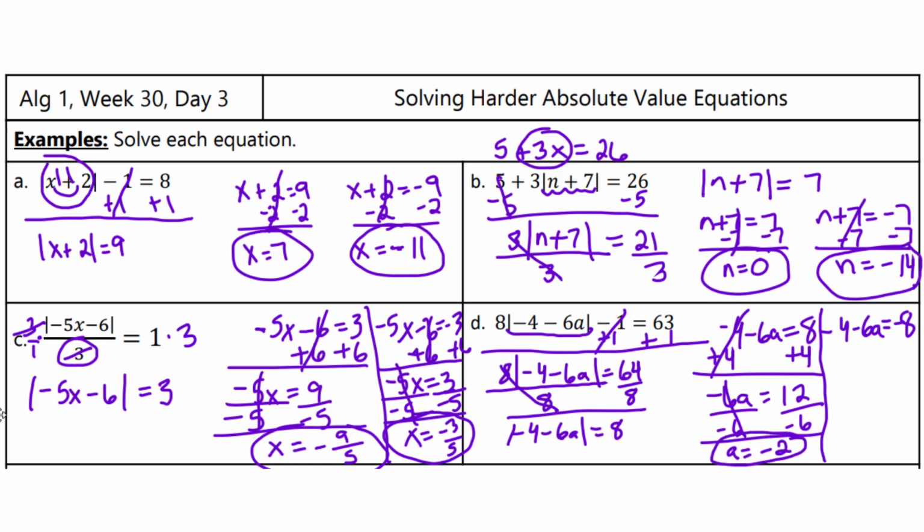So a equals negative 2. And a equals positive 2/3.